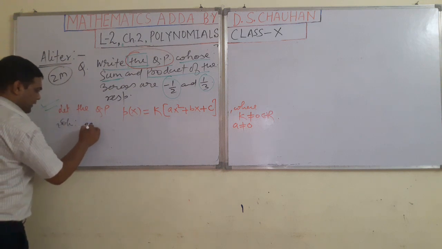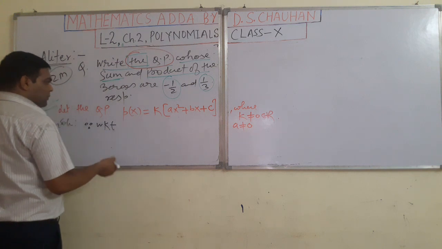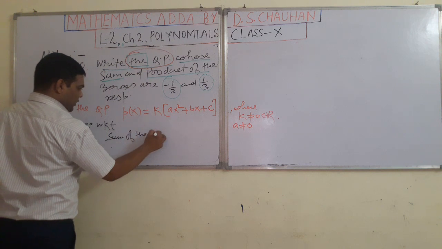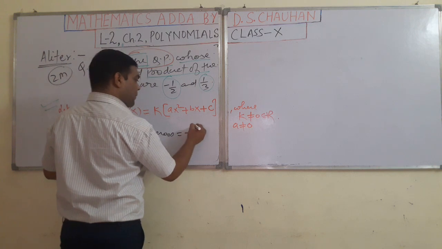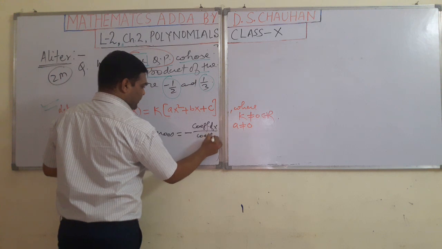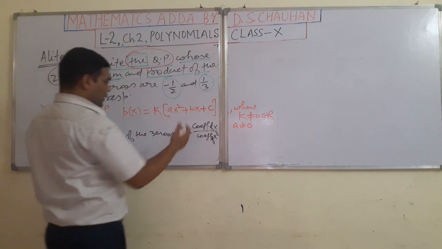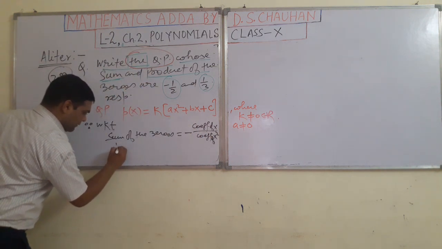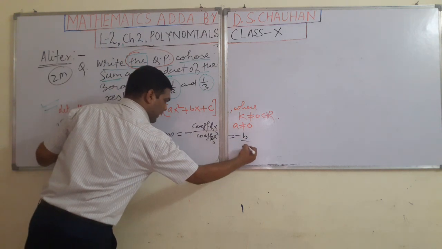So since we know that the sum of the zeros is minus coefficient of x upon coefficient of x square, which symbolically you all know, is minus b upon a.